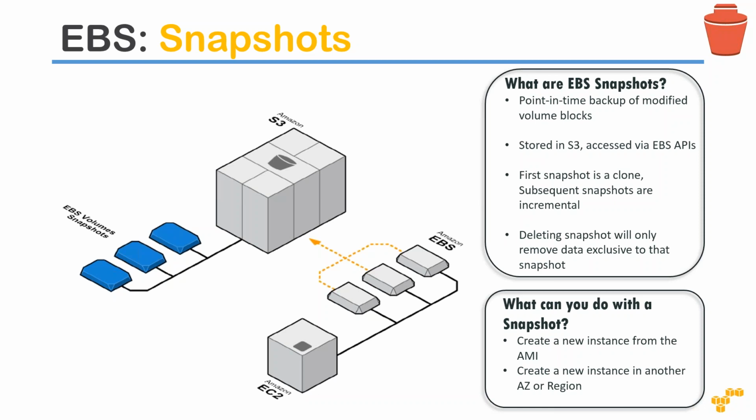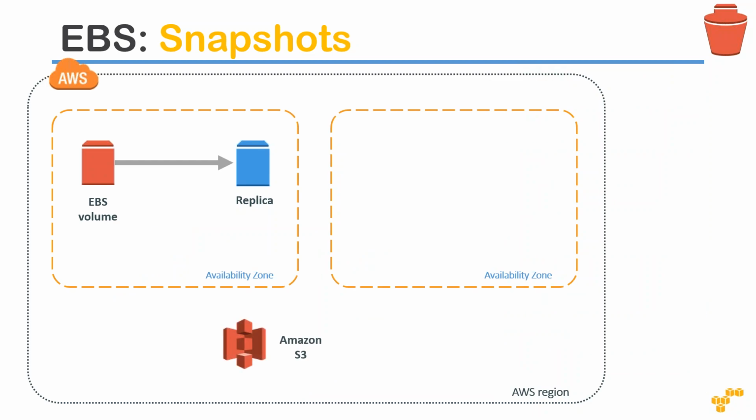Let us look at some of these things in a little more detail now. Think of this whole diagram as an AWS region, and inside that region you have 2 availability zones, A and B, for reference. If you have an EBS volume in availability zone A, you can trigger a snapshot, and that snapshot is going to reside in S3, which is outside your availability zone.